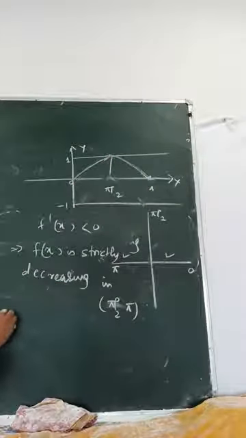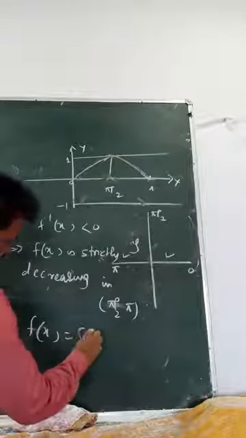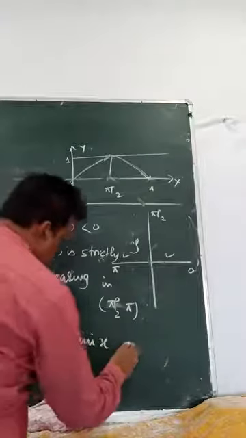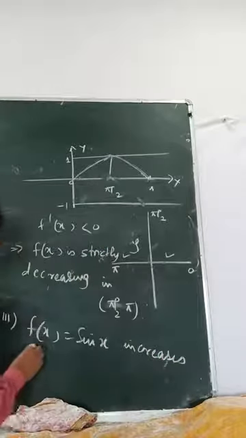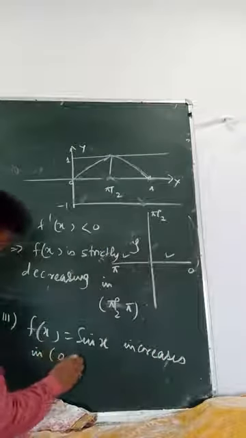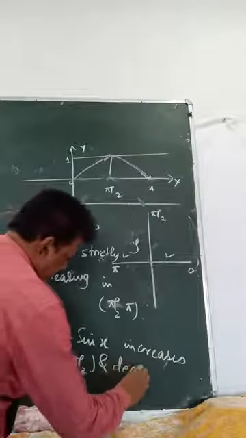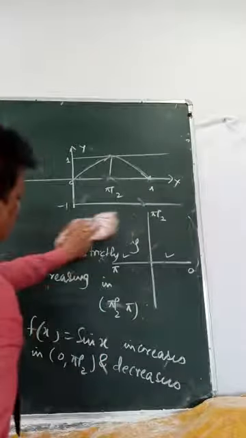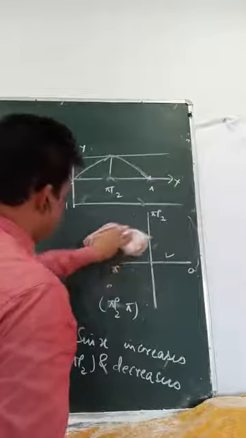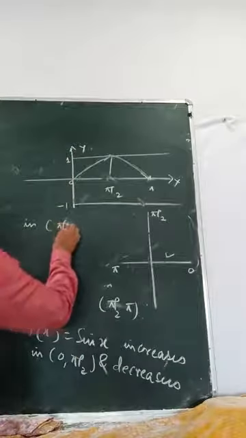So the third part you can write: f(x) equals sin x increases in 0 to pi by 2 and decreases in pi by 2 to pi.